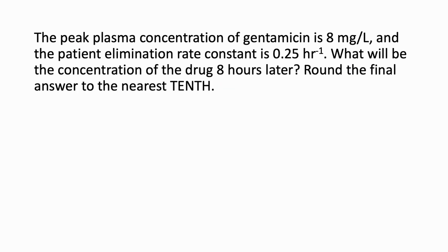Question: the peak plasma concentration of gentamicin is 8 milligram per liter, and the patient's elimination rate constant is 0.25 per hour. What will be the concentration of the drug 8 hours later? Round the final answer to the nearest 10th.